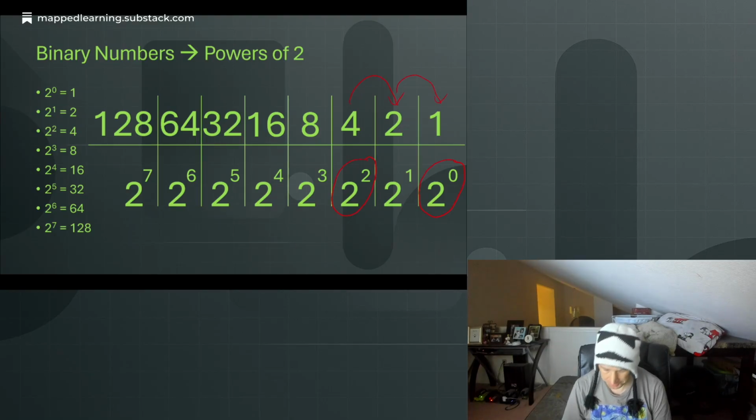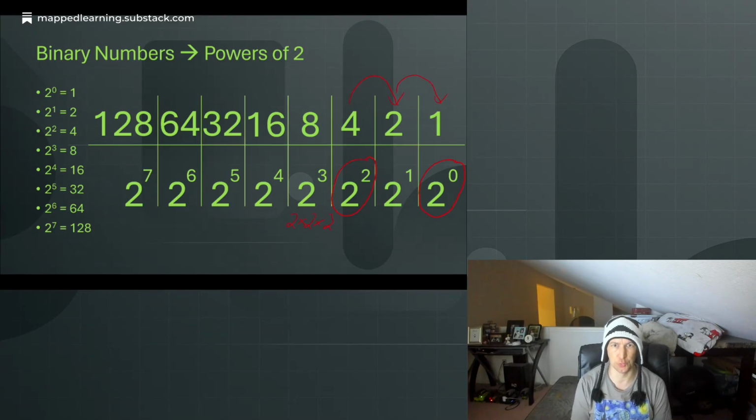Then when you move left, 2 to the third power is 2 times 2 times 2 equals 8. And then 2 to the fourth is 16, then 32, then 64, then 128. And we stop there. And the reason why we stop there is very important when we talk about IP addressing. And we'll get to that in the next slide. But for now, we'll just focus on 2 to the 0 through 2 to the 7th.